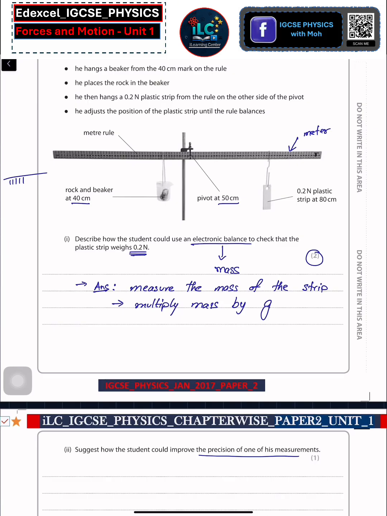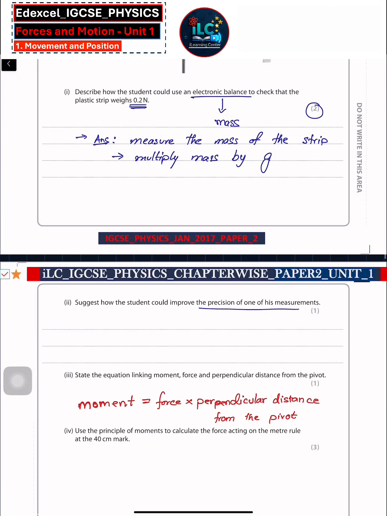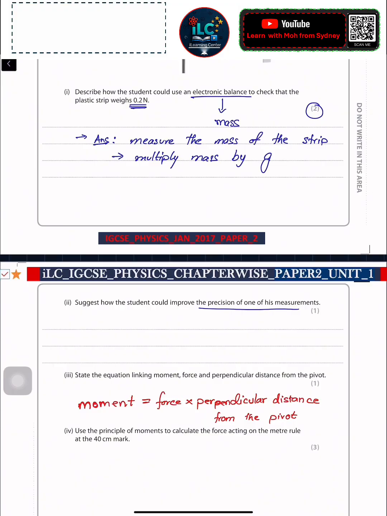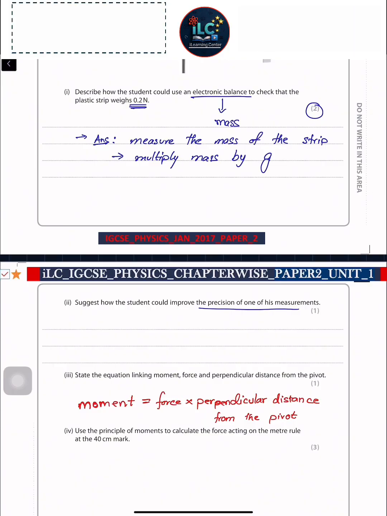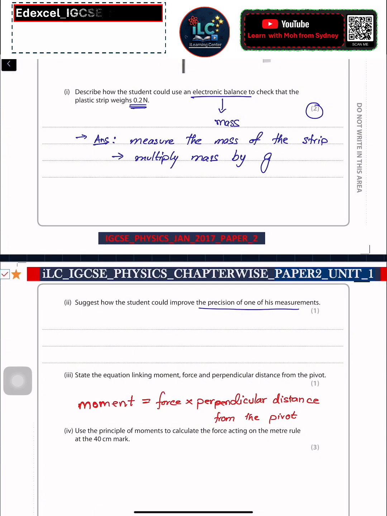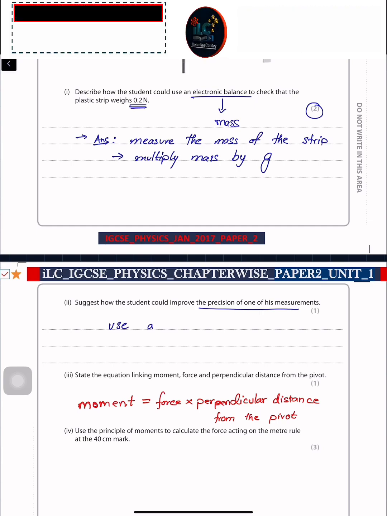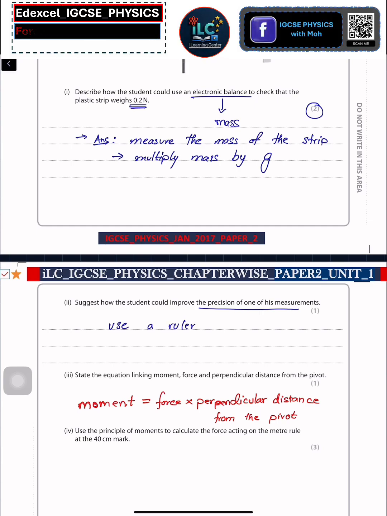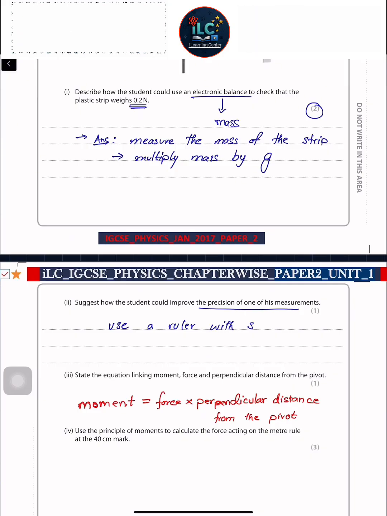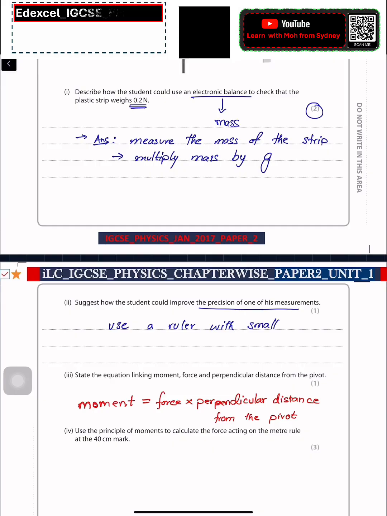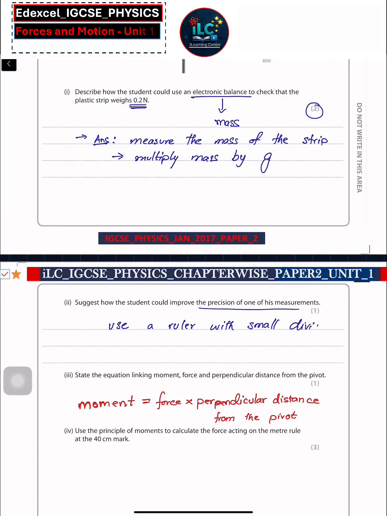But specifically in this part, because they are asking how you can improve the precision of the measurements, we are going to say use a ruler with smaller division, or you can directly say use a millimeter ruler.